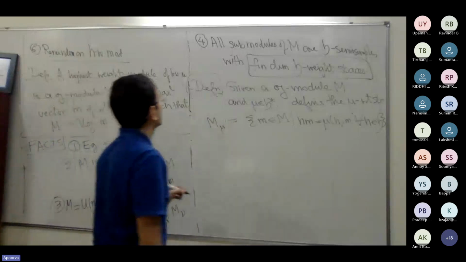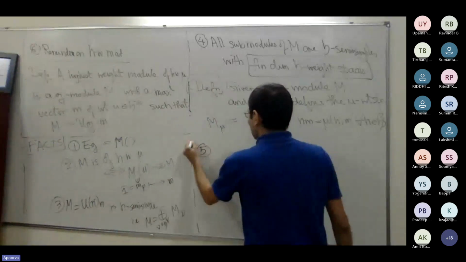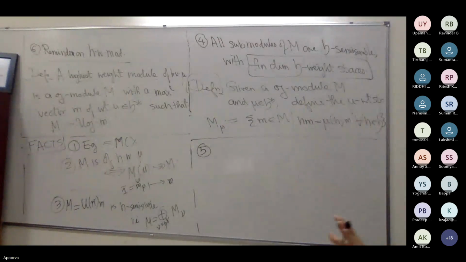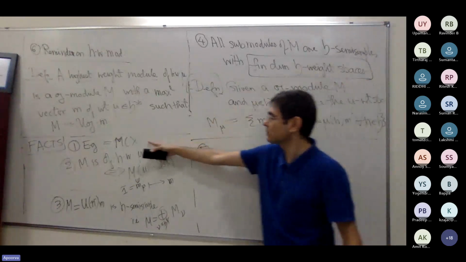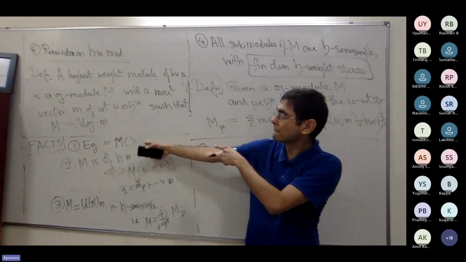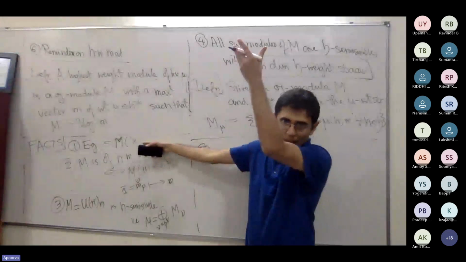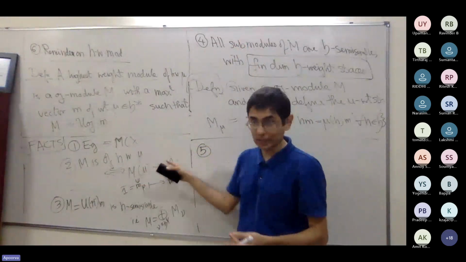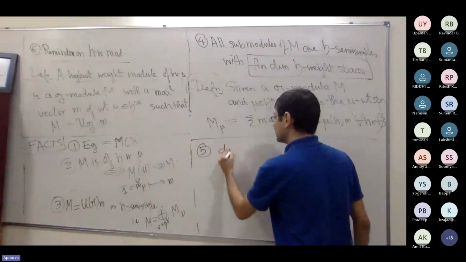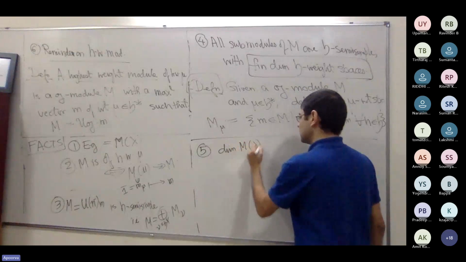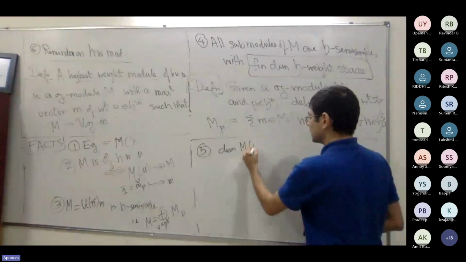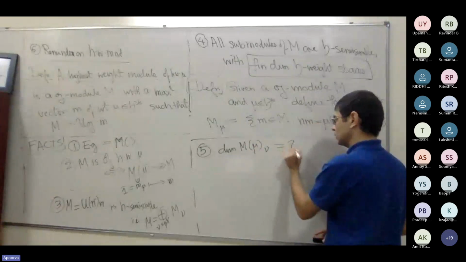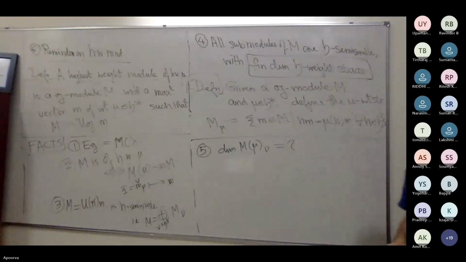What else do I want to say? In particular, we can calculate the dimension. In particular, you can calculate the finite dimensional spaces. Here is a very specific, very special module, the biggest highest weight module, because it surjects onto everything else. So we can ask what is the dimension of M lambda, M mu?